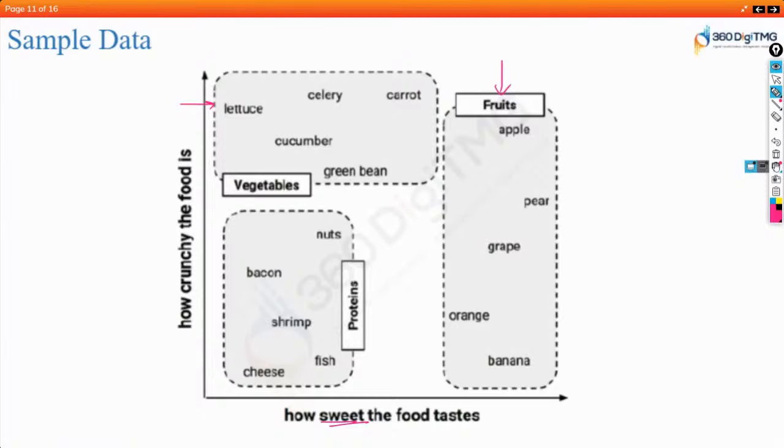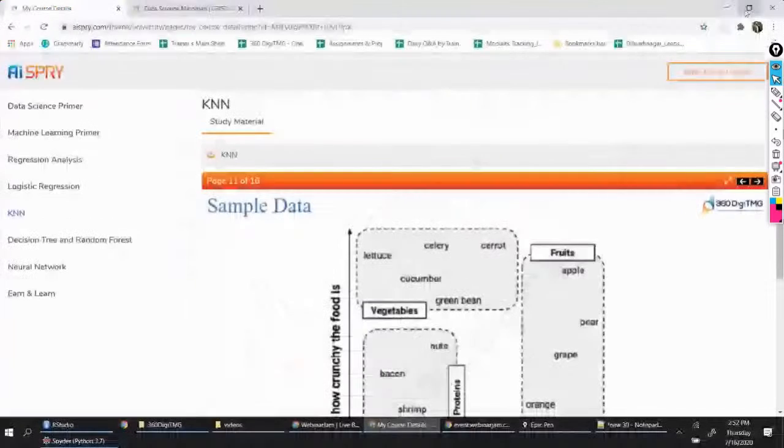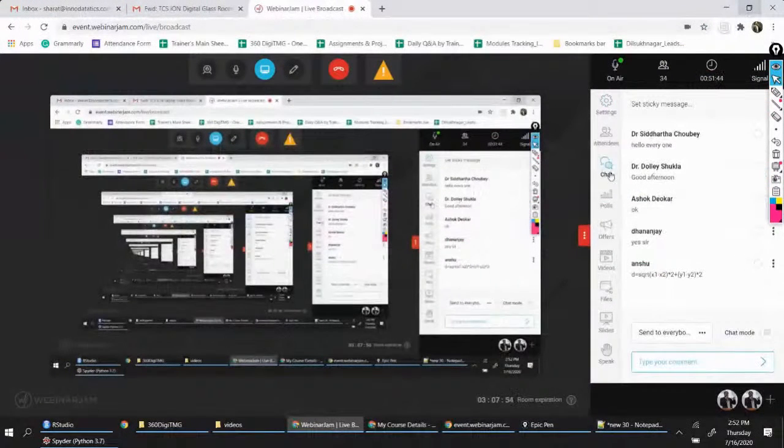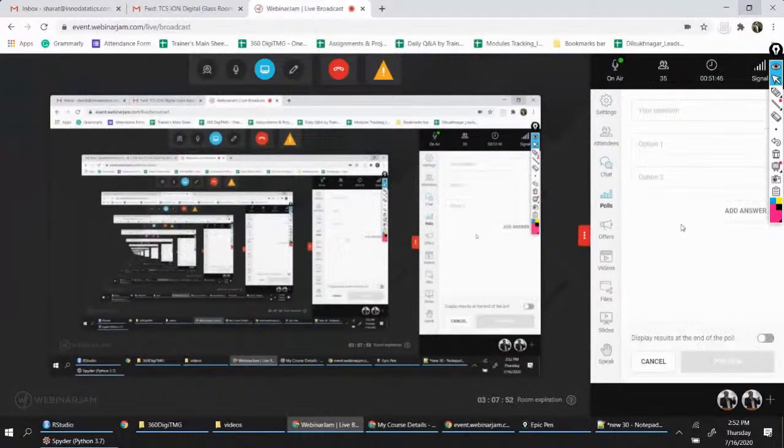So given this data, now if I bring in a new ingredient, let's ask this question, okay? Let me ask a question before proceeding.